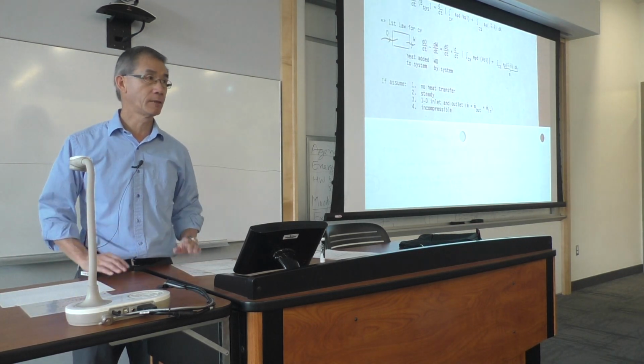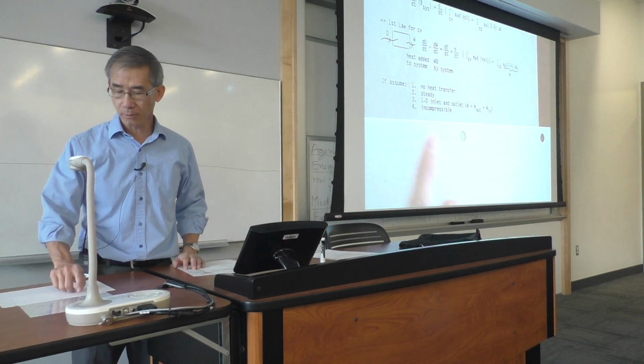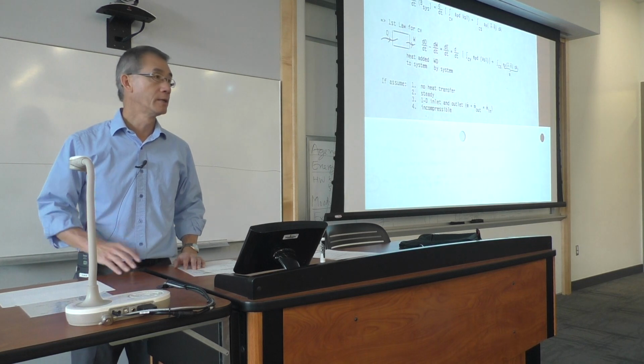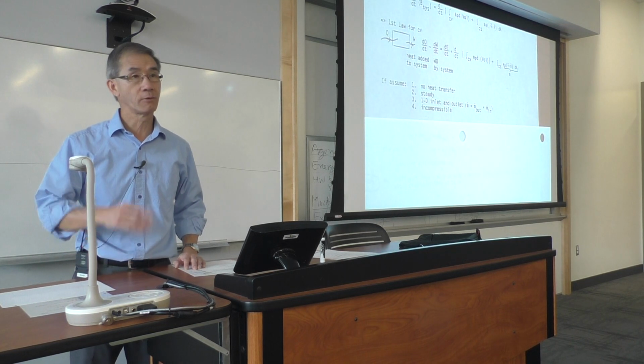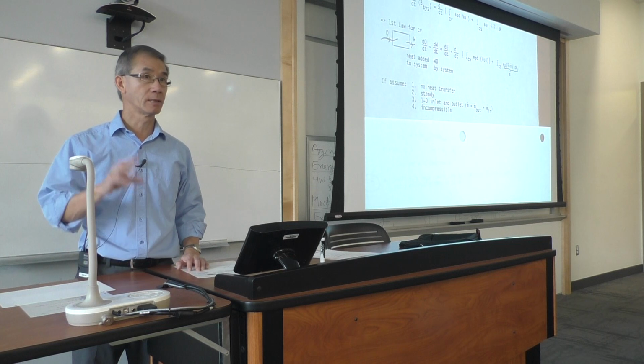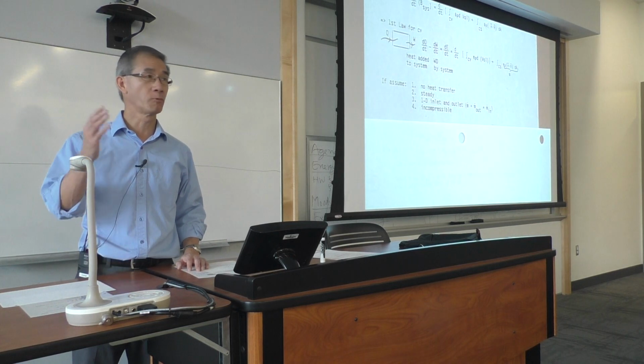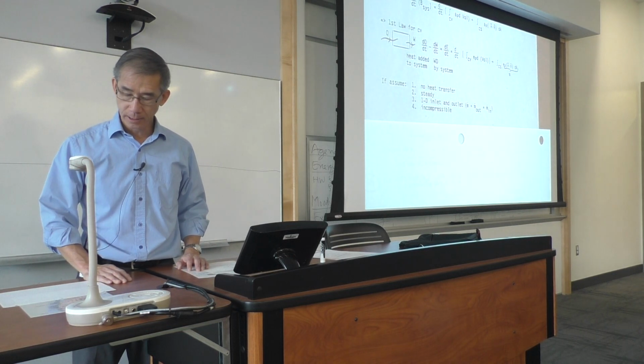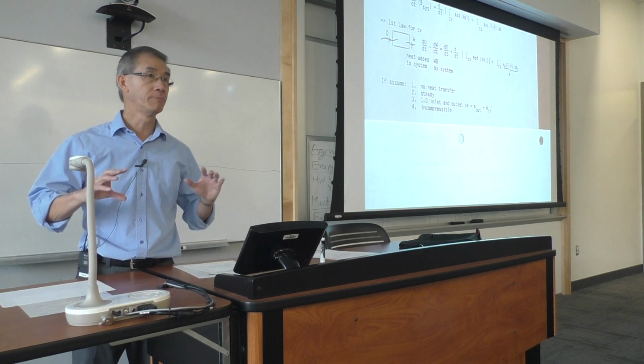Steady, we always do steady problems. Forget the integral, assuming uniform inflow and uniform exit flow, even though it's viscous. Even though there is a no-slip boundary, we're just going to work with average velocity to make this problem simpler.